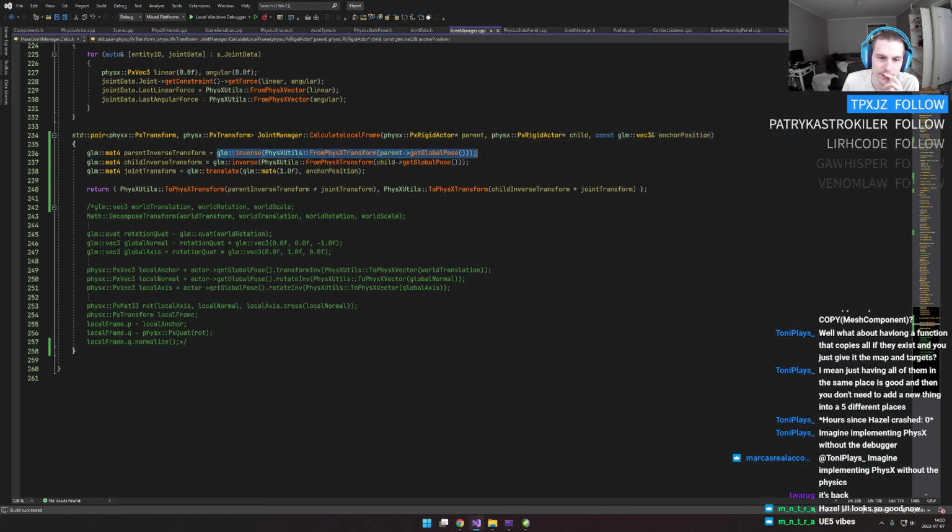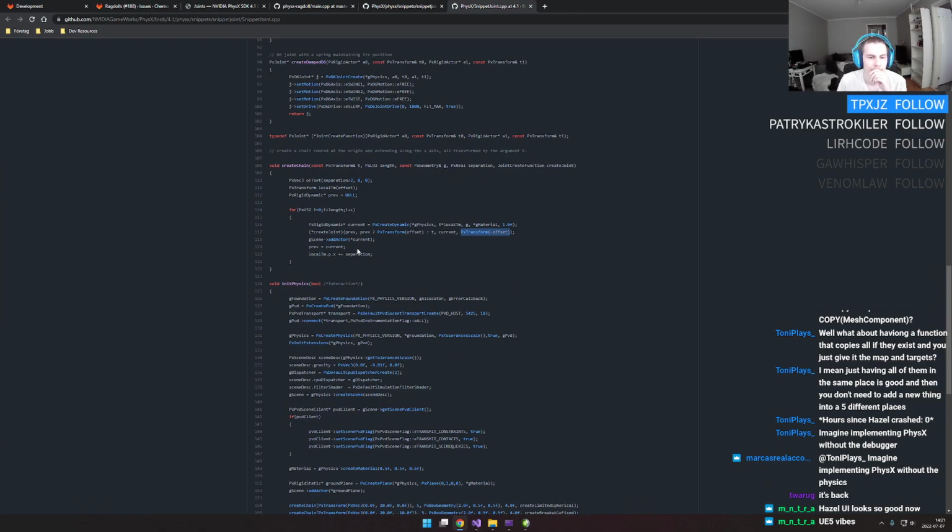Although you may not always want the exact same way of calculating this, now that I think about it. Because this is literally how easy it is in the case of a chain.